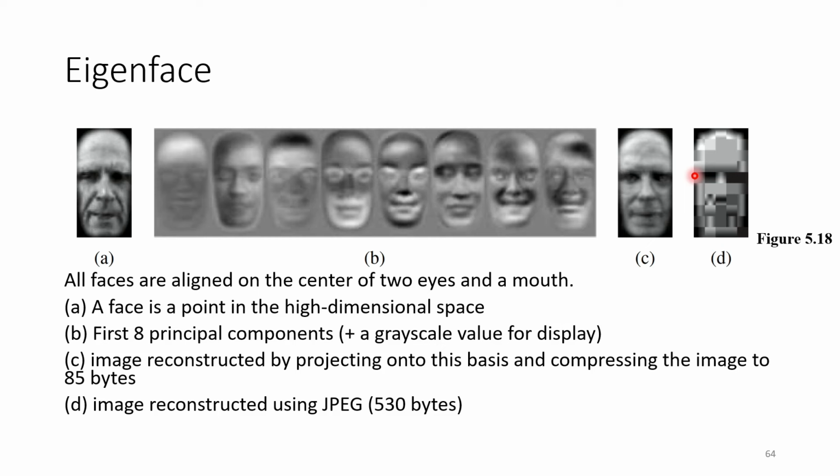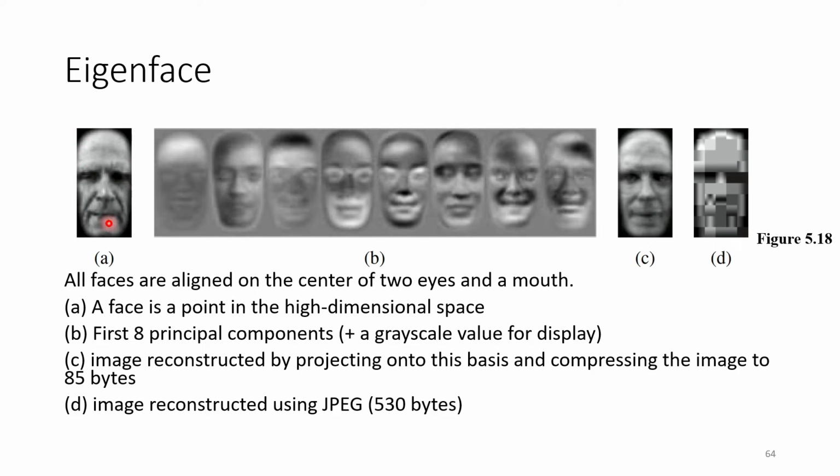Principal component analysis is a dimensionality reduction method. Given an image, how many dimensions are there? It means how many pixels are in the image. There are so many dimensions.